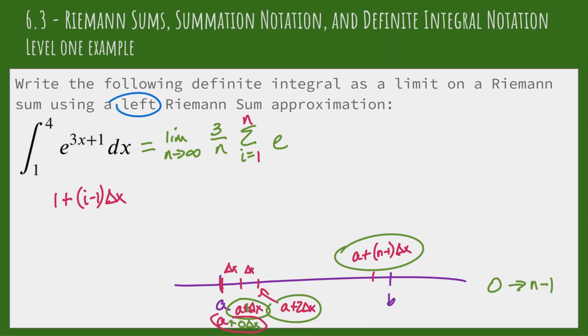And what that does is it takes the i value, it subtracts 1. So when we start at 1, it's going to add on 0 times delta x. And effectively, we get the same thing here. So this is what I'm plugging in for x here. So we get e to the 3 times 1 plus i minus 1 times delta x, which is 3 over n, and then plus 1.